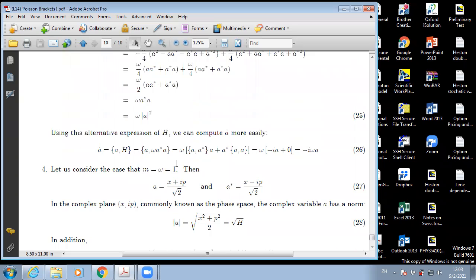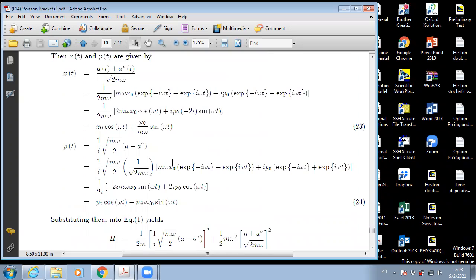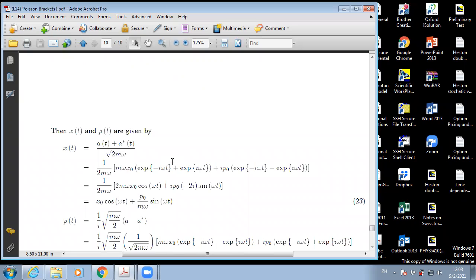Okay, so far, any questions? You know why I have gone through this exercise with you once again, because it is important to know that if you are interested in some functions of X and P, you don't have to go through solving or finding x(t) and p(t) first. You can solve the Hamilton's equation associated with the function that you are interested in directly.